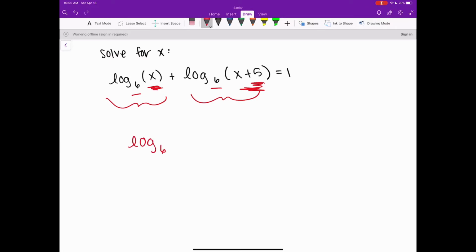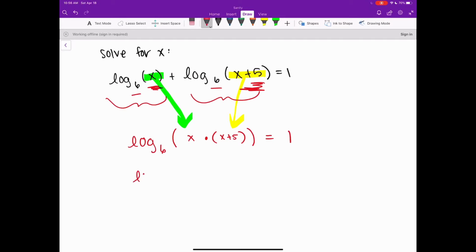I keep that same base of 6, but then I just multiply the insides. So I'm going to multiply x by x plus 5, all right? And again, that just comes from right here, and this part comes from right there, and then I still have equal to 1.